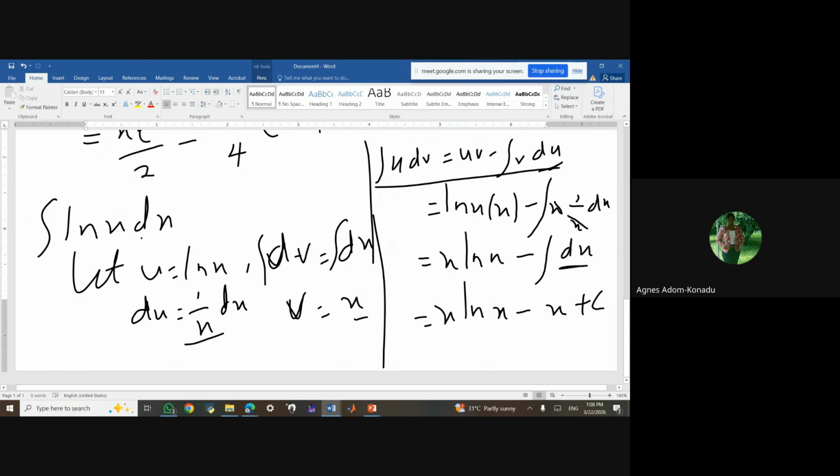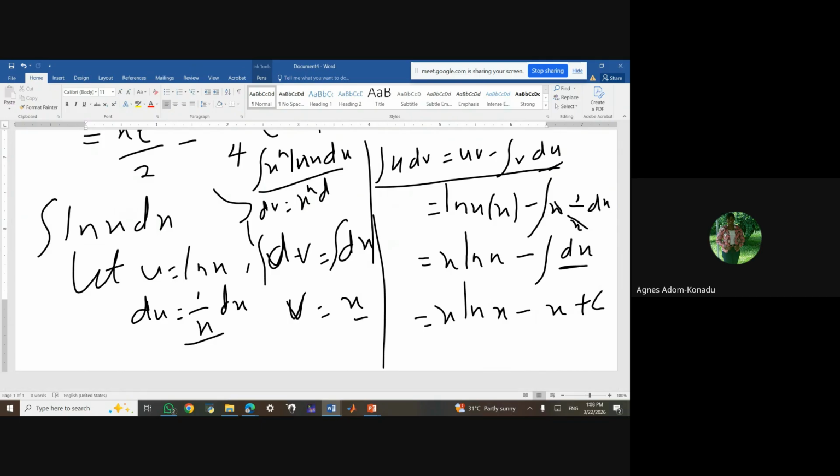And when it's like that, it says that our dv is x to the power n ln x dx. If it's like this, then according to the rules, my dv should be x to the power n dx. But here it looks like x to the power 0.